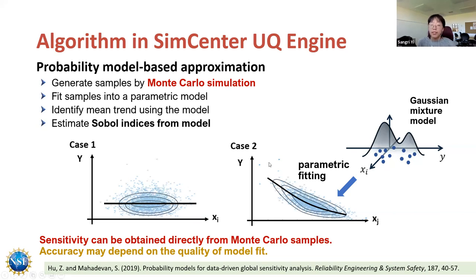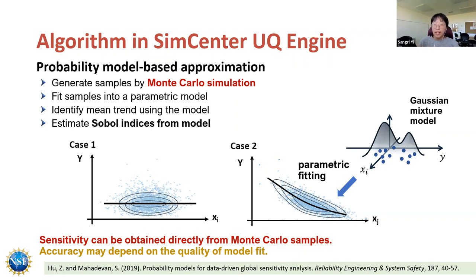So that can be beneficial when your computational model is expensive to run. But one thing to take caution of is that since we have a parametric model, when the data shape is highly irregular, it might not approximate the data shape properly.